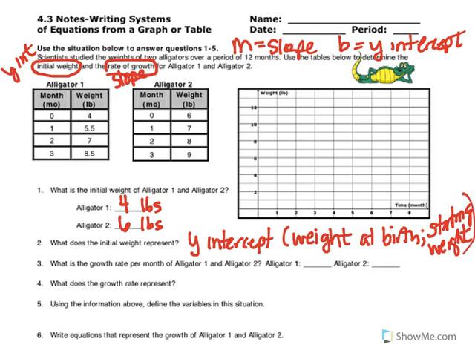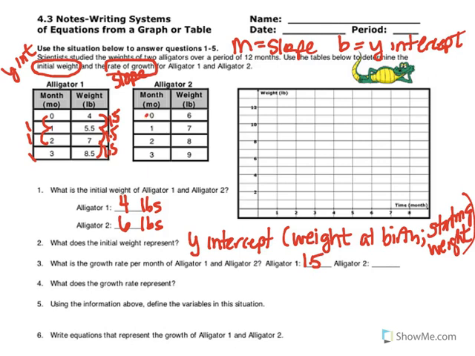Now, what is the growth rate per month of alligator 1 and alligator 2? Well, let's look. Alligator 1. From 0 to 1 month, he went up 1.5. From 1 month to 2 months, he went up 1.5. And here, 1.5. And all of these are going up by 1, 1, 1. So the rate of growth is 1.5 pounds per month.